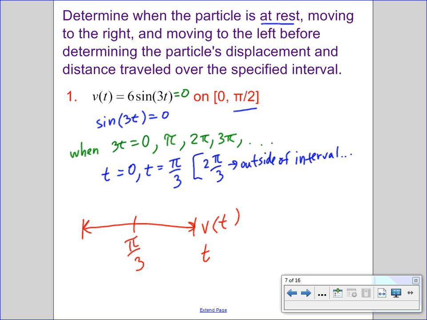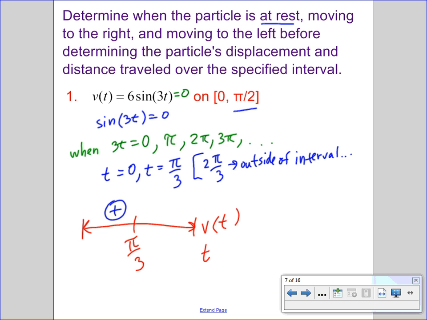And so how about pi over 6? At pi over 6, my velocity function gets 3 pi over 6 is pi over 2. The sine of pi over 2 is 1, times 6 is positive. And so it looks like my velocity is positive on the interval t equals 0 to pi over 3.